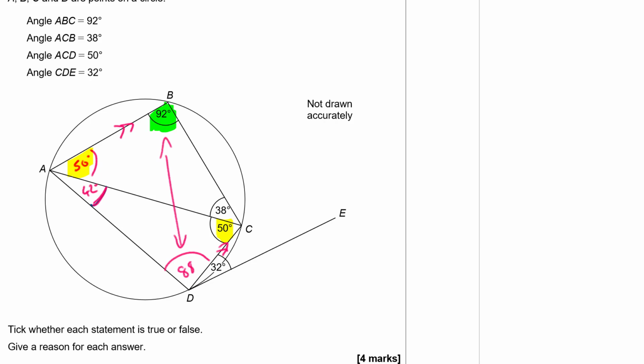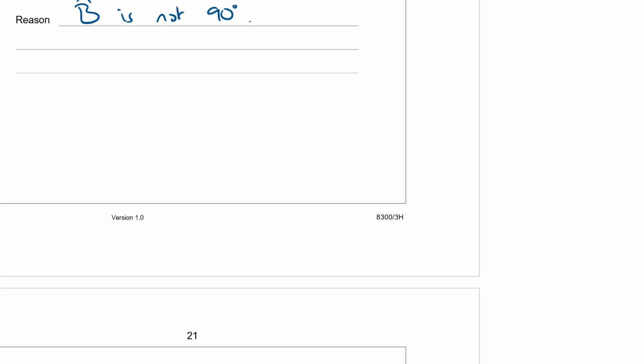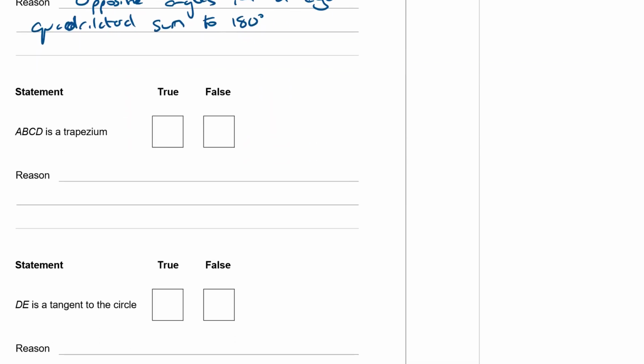So yes, ABCD is a trapezium. So true. Alternate angles are 50 degrees.